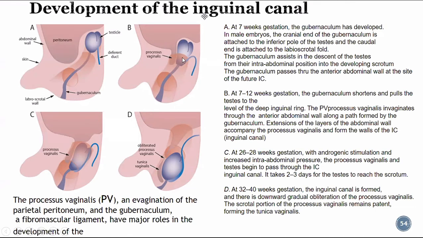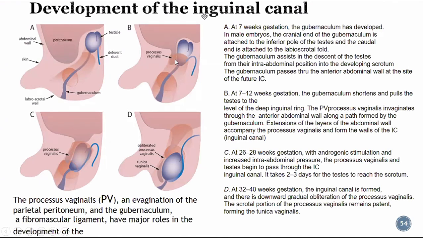At this time, the processus vaginalis, or PV, invaginates, forming a pouch through the anterior abdominal wall along the path formed by the gubernaculum. The PV invaginates through the abdominal muscles, along the path formed by the gubernaculum.